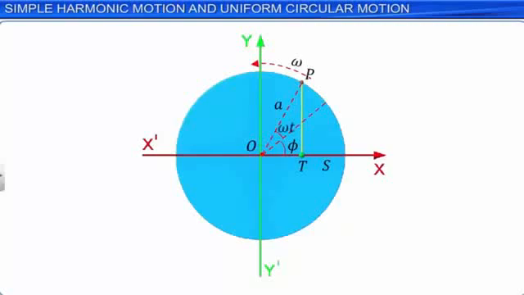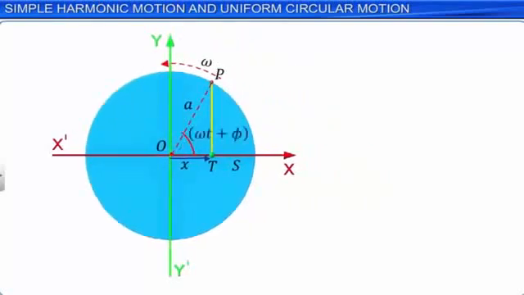The displacement of the projection executing simple harmonic motion along the diameter along the x-axis can be written as x is equal to a cos omega t plus phi, where a denotes the amplitude of simple harmonic motion, which is the radius of the reference circle.